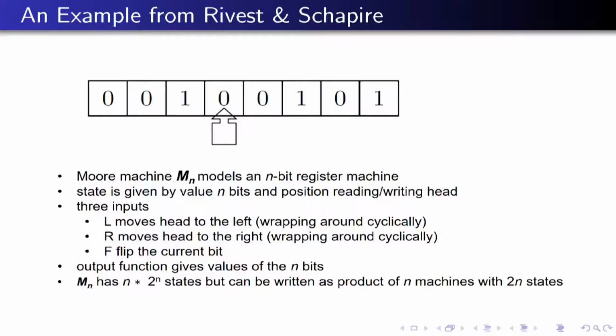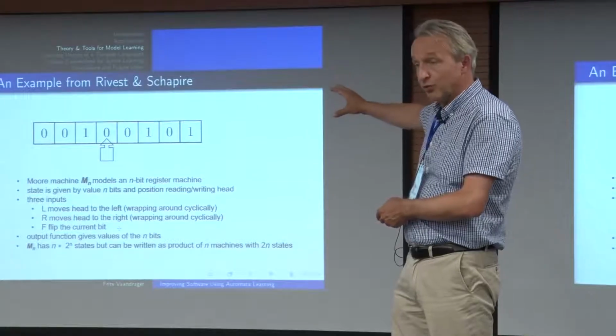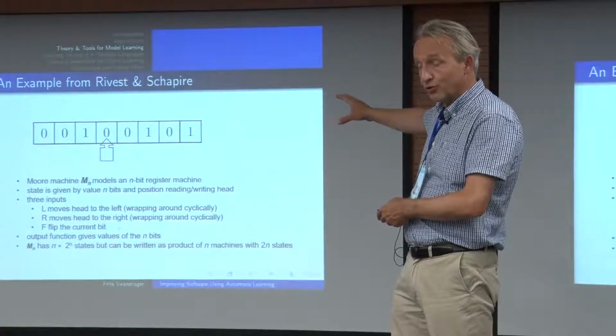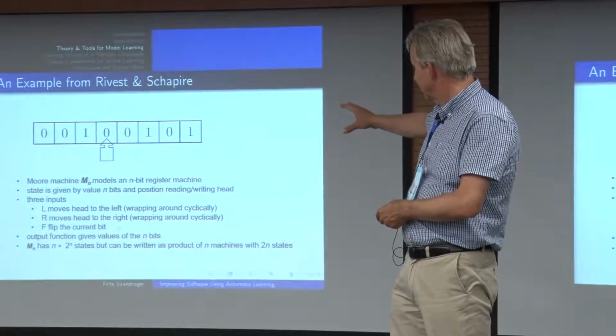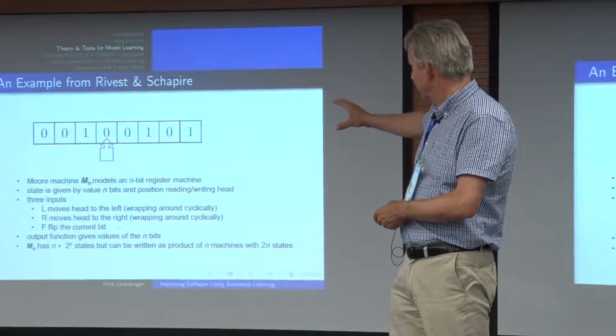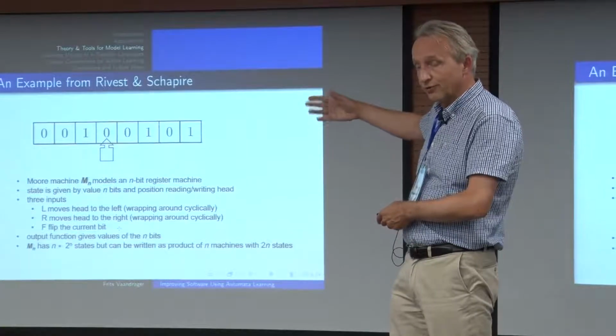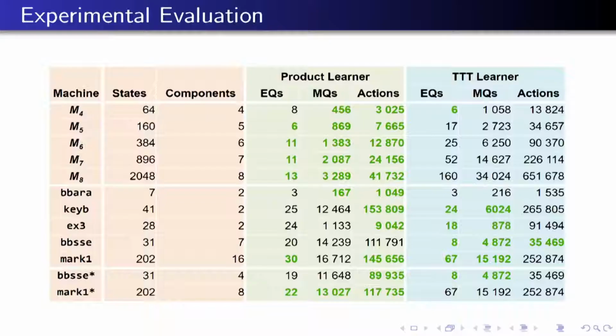If you write this complicated Moore machine as a parallel composition of n Moore machines, then the queries you get for different machines will be very similar and often the same.